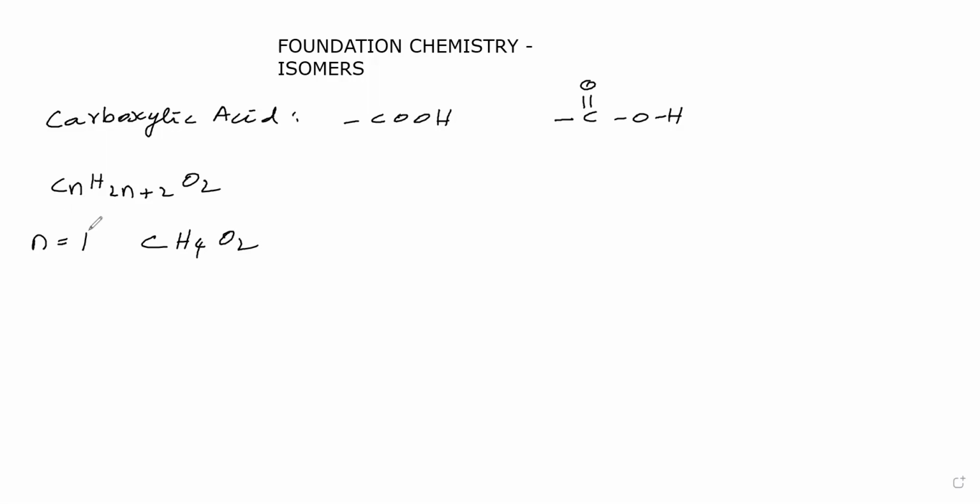In the place of n we will give some number. Suppose we are giving 1. If we give n equal to 1, what will we get? Here C1, H4, and O2. So we get CH4O2.